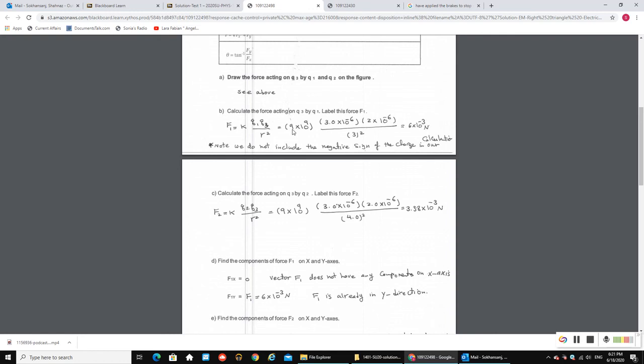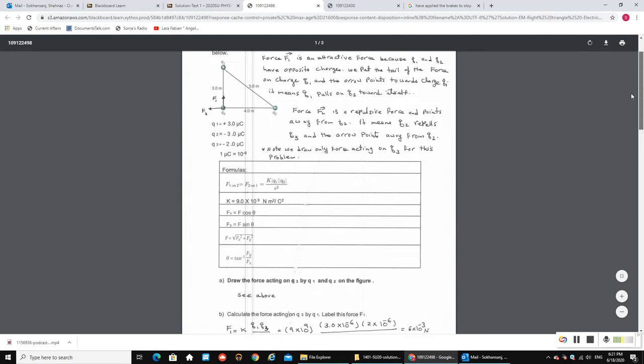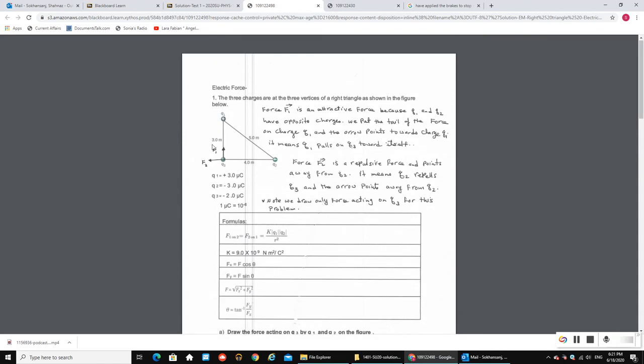Actually it is 8.99, which we can round to 9. Then Q1 is 3 microcoulombs, so for micro we have 10 to the negative 6. And then Q3 is 2 times 10 to the negative 6. The distance between Q1 and Q3 is 3 meters, so 3 squared.